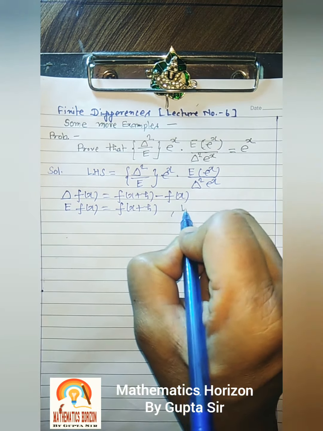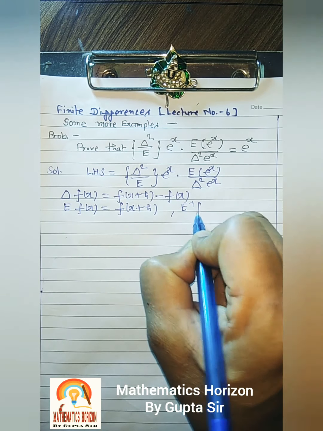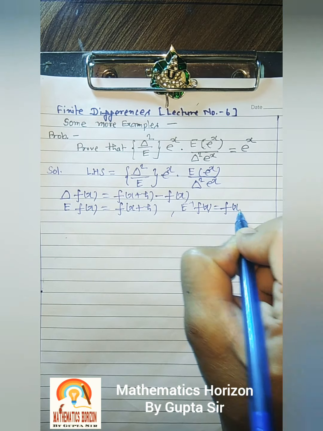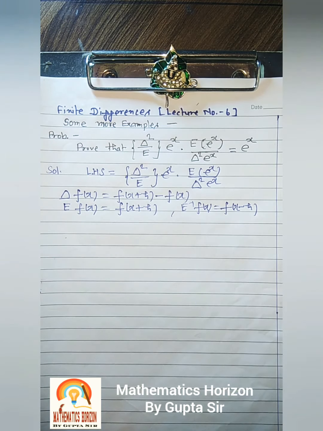Means if we have E⁻¹ f(x), this is equal to f(x - h).